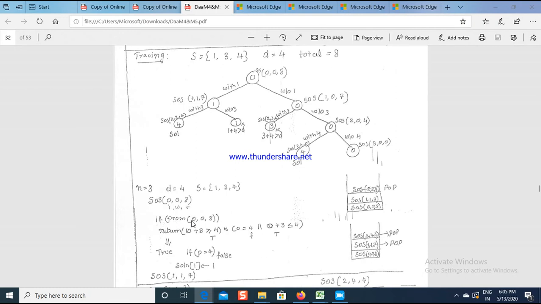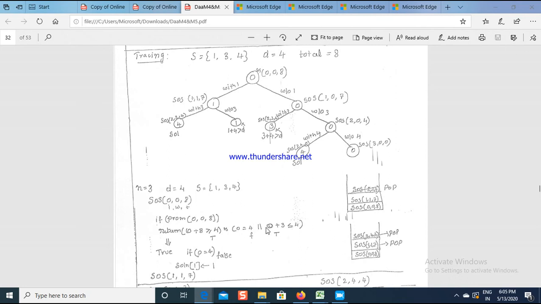So when I am executing promising, it is weight plus total. What is my weight? It is nothing but 0. Weight is 0 plus total, which is the sum of all these elements initially, so it is 8. Is it greater than 4, which is D? True. Now, whether weight is equal to D? Weight is 0. See here, weight is 0. No, false.